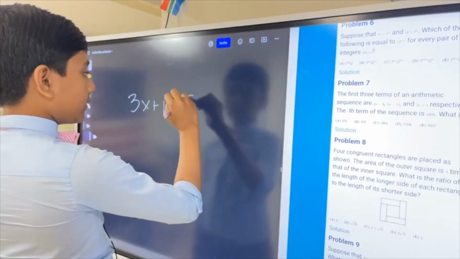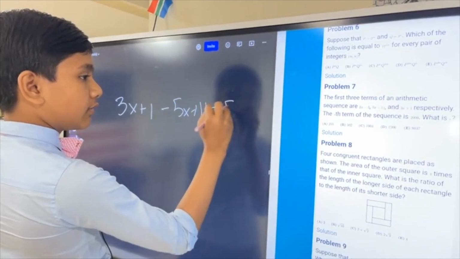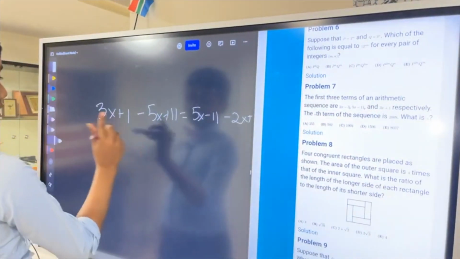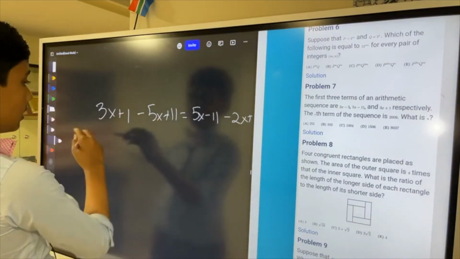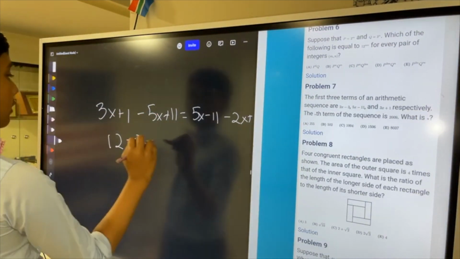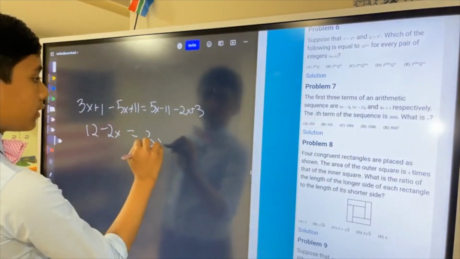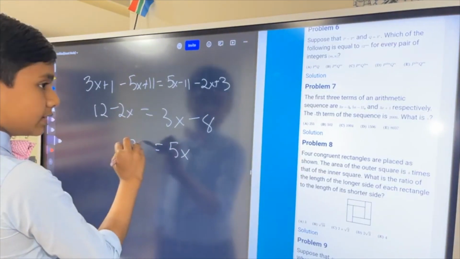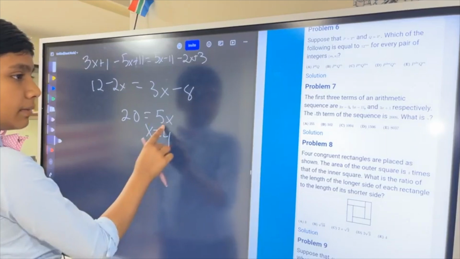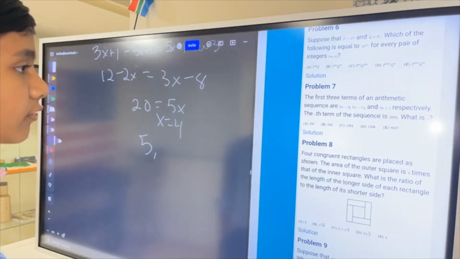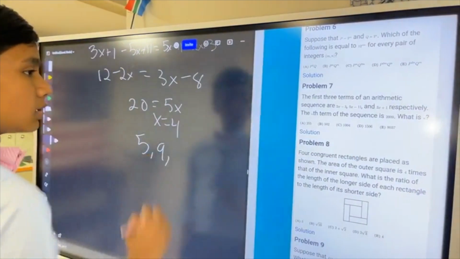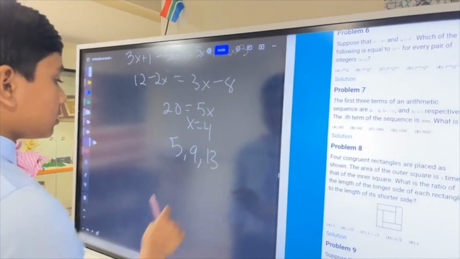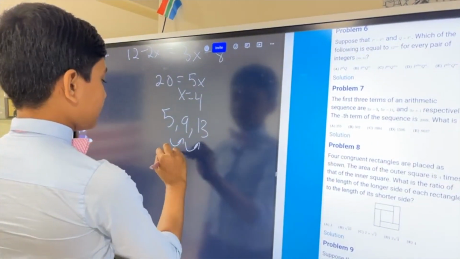So 5x minus 11 minus 2x is equal to 3x plus 1 minus 5x plus 11. So that means we have 3x minus 11 is equal to 12 minus 2x. So 5x is equal to 20 and x is 4. So that means that the first three terms are 5, 9, and 13. So that means that the common difference is 4.